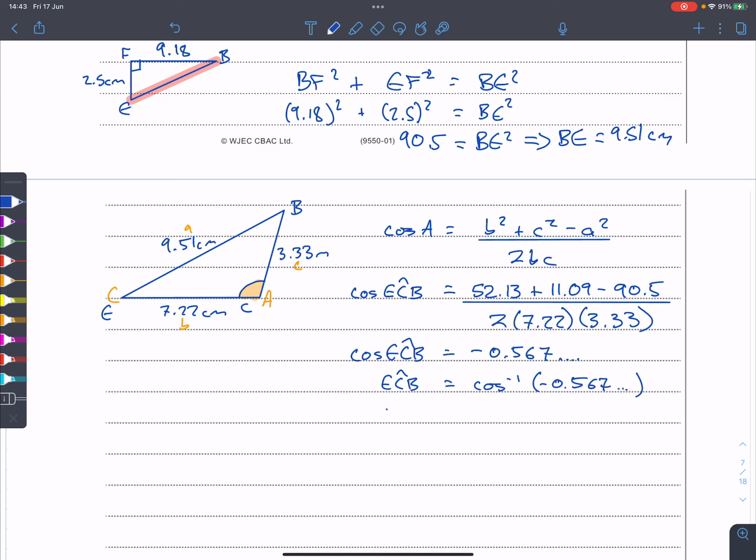Again, I'm not going to use the rounded value. I'm going to be as accurate as I can be. So that's inverse cos of the answer, 124.6 degrees. As I said, there will be some leeway if you did use an approximate value, but hopefully your answer is going to be pretty close to this one.